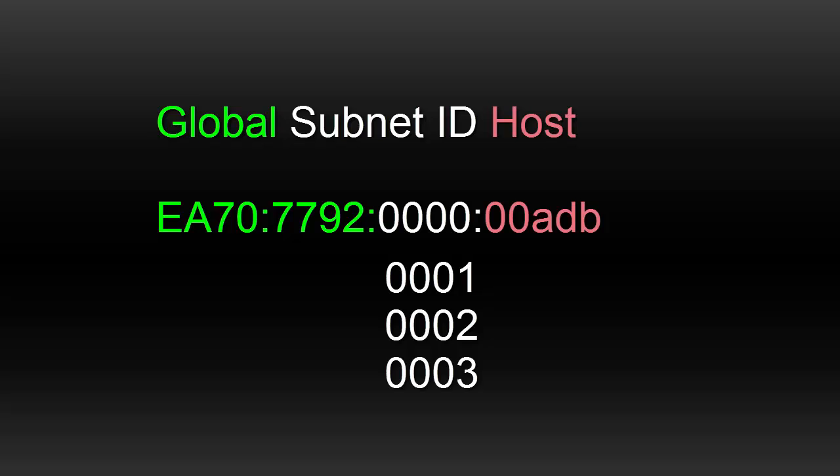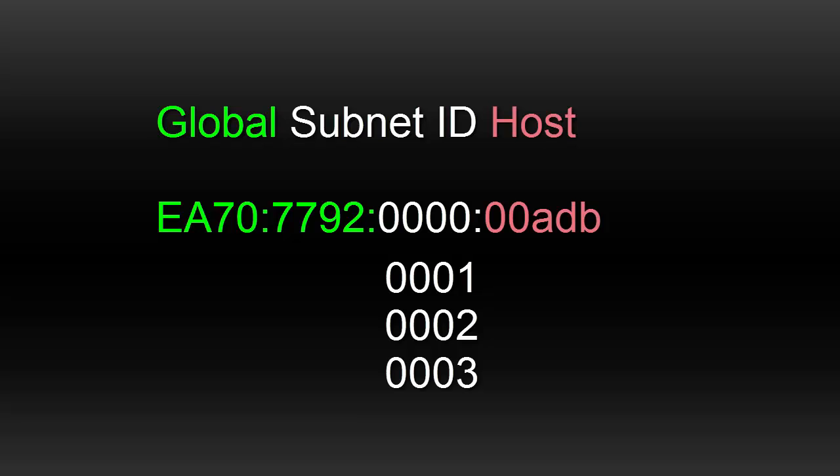With IPv6, there are 3 different parts to the address. You have a global prefix, then you have a subnet ID, and lastly, like before, you have the host ID. And by the way, the global prefix, the first part, is what your internet provider or whomever gave to you, in case you're wondering.